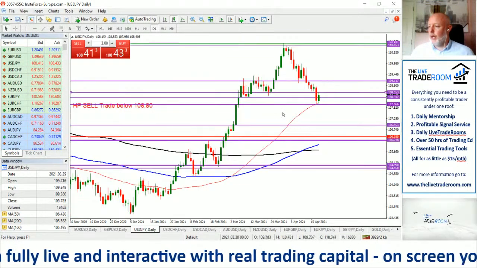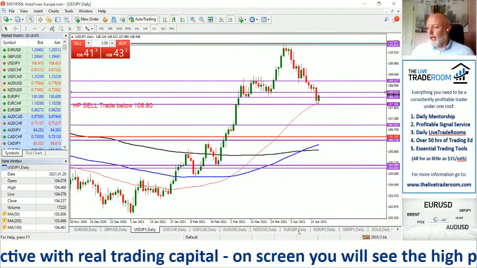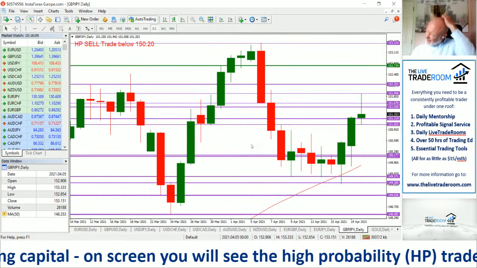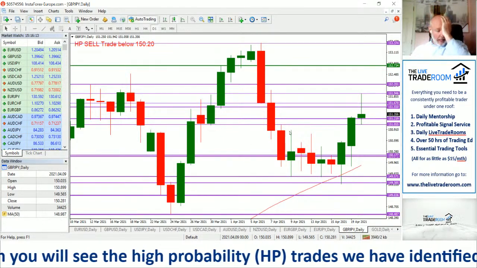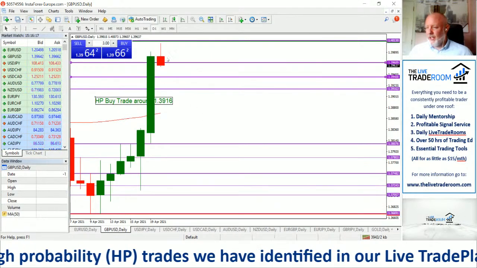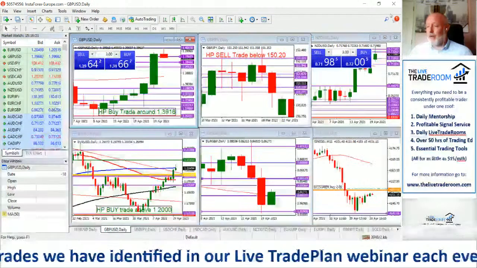Let's just see how the dollar yen is performing. So the dollar is clearly stronger than the yen, so we wouldn't have massive confidence over the pound yen. So we prefer to get into the buy trade in the pound dollar.